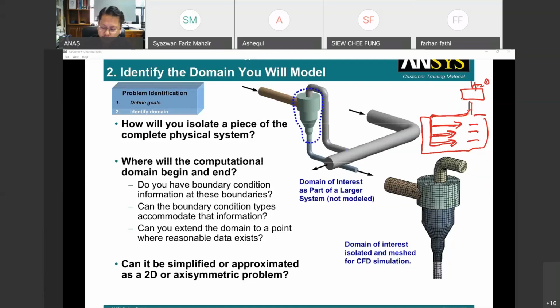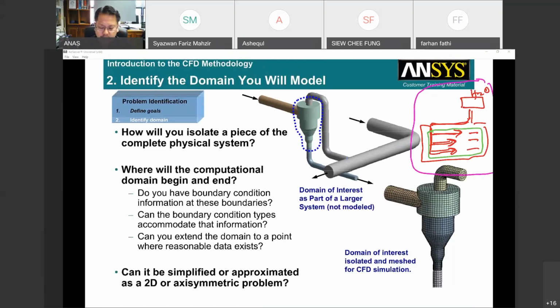So what they did basically, instead of looking at this diagram as the domain, they just focused on one simple part, the outlet delivery. So this is what this slide is about.